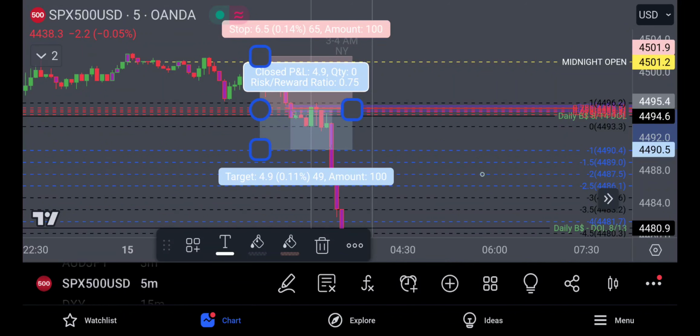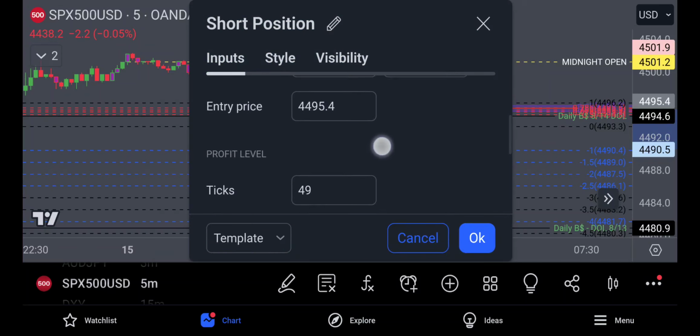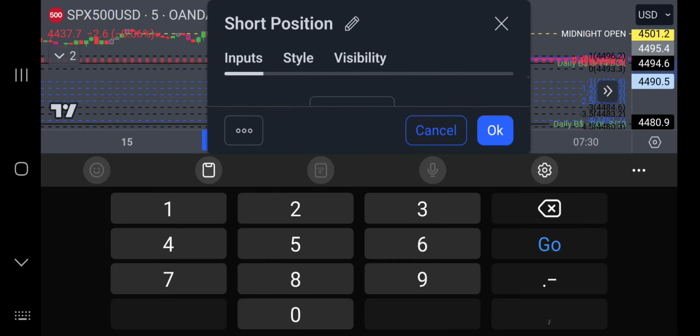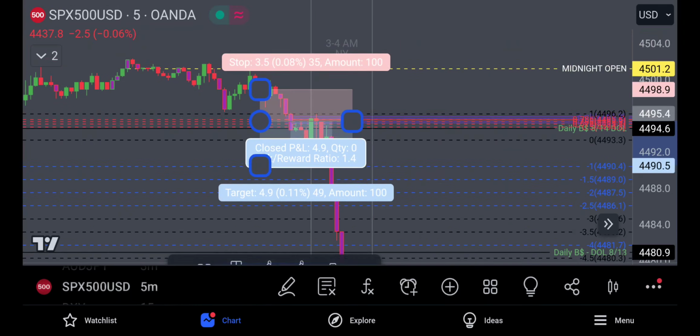Once I get to here, I'm taking 50% profit, right? And I'm taking off 50% of my stop. So that'll go from 65 to 35 ticks.